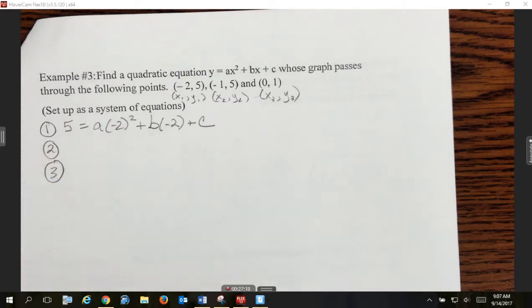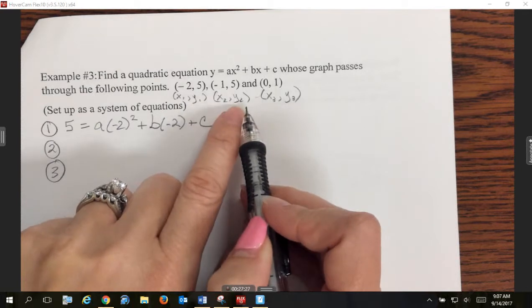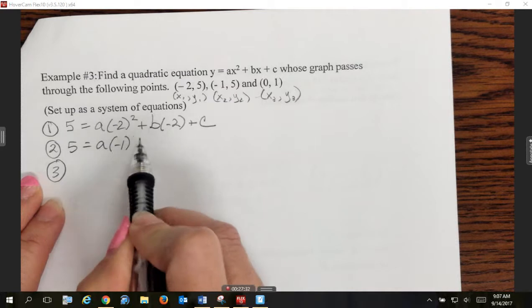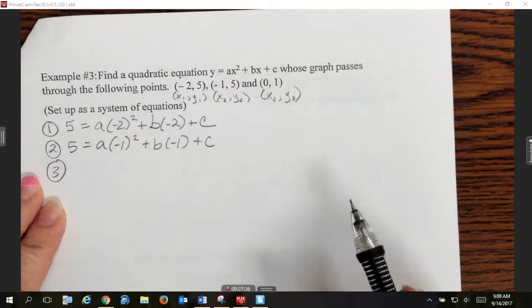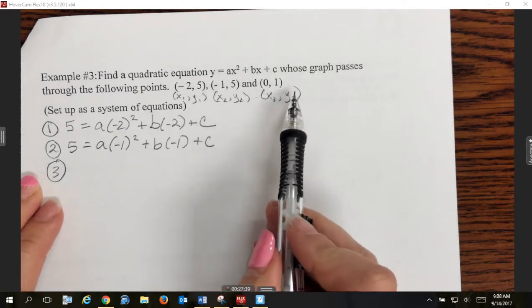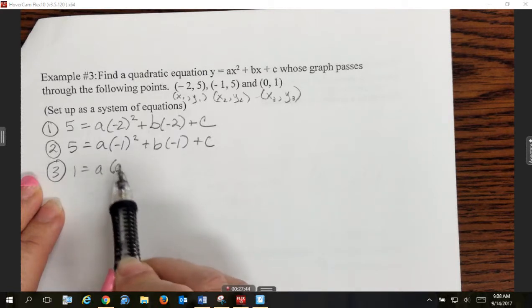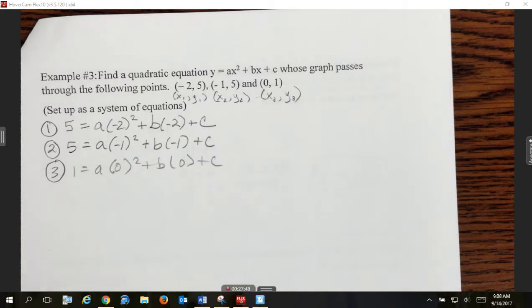So I'm plugging in the x and the y into the equation and leaving a, b, and c as our variables. Do the same thing with x2, y2. My y2 is 5. We don't know a. x is negative 1. Square it. Plus b times negative 1 plus c. And then our third equation, the y is 1. a times 0 squared plus b times 0 plus c. So 3 equations, 3 variables.